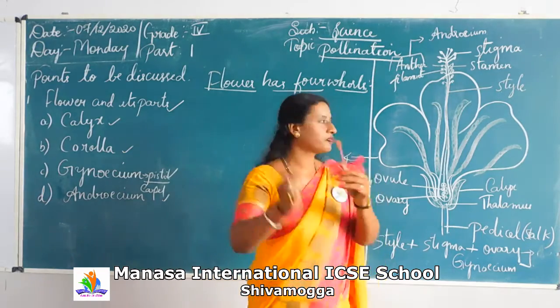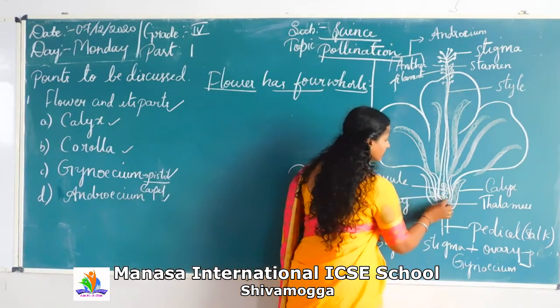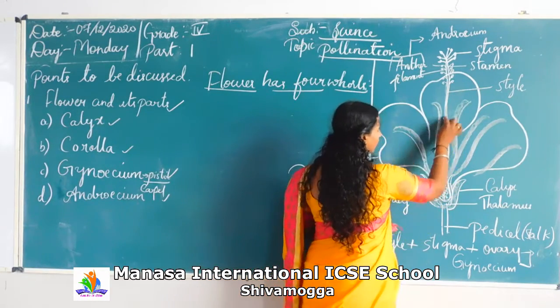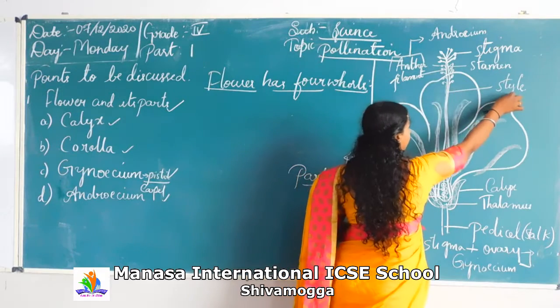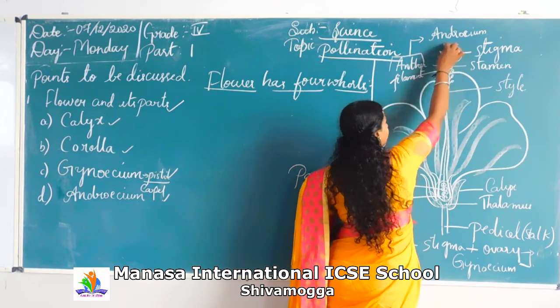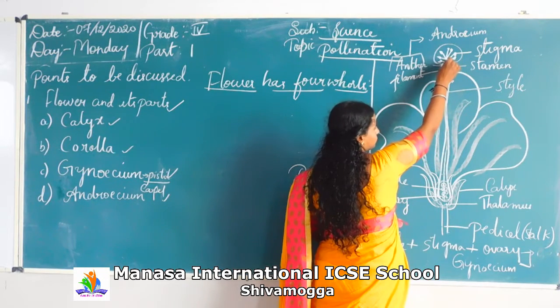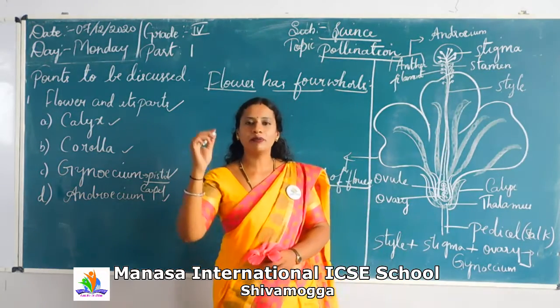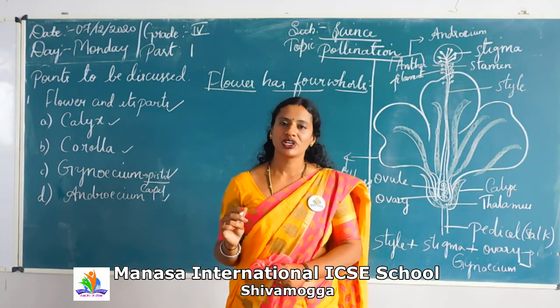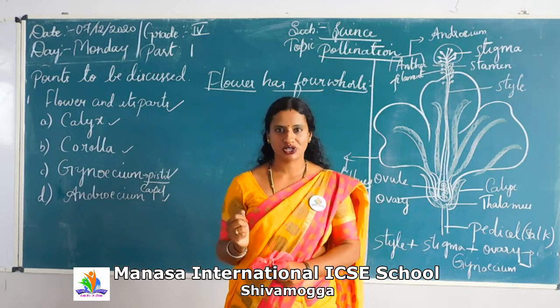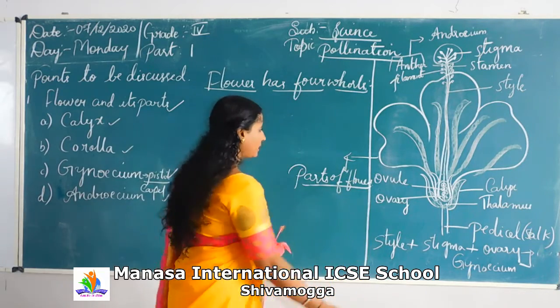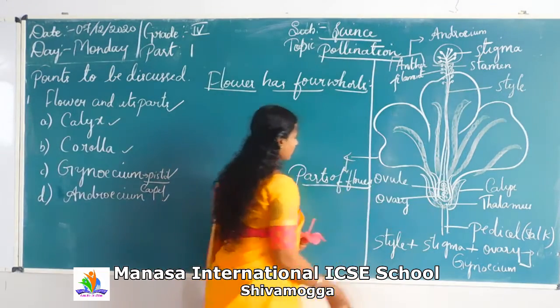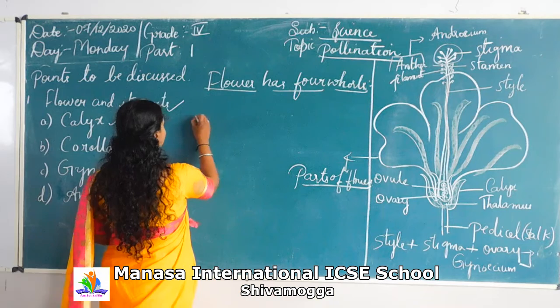That is the stigma. The ovary, the long elongated style, and the velvet-like topmost structure called the stigma.